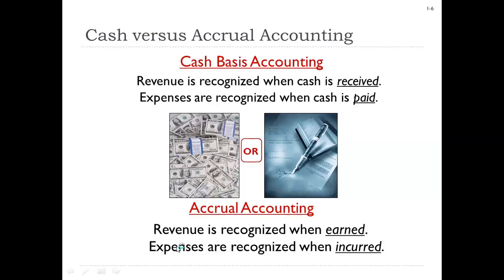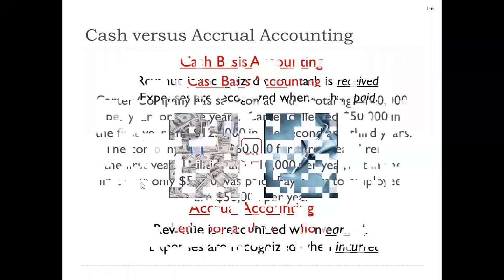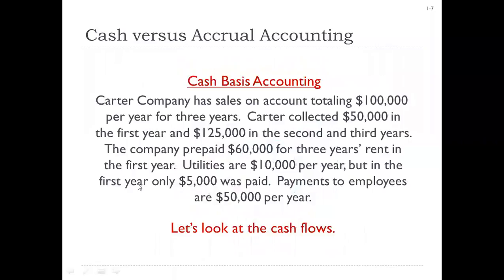And again, accrual basis of accounting is not based on when the cash comes in and when the cash goes out, but it is based on when you perform the services or when services are performed for you. That's when you record revenues and expenses. And we'll go over that when we do the homework, but here's an example.